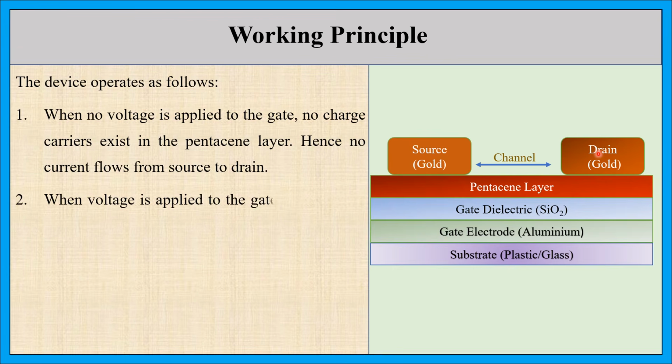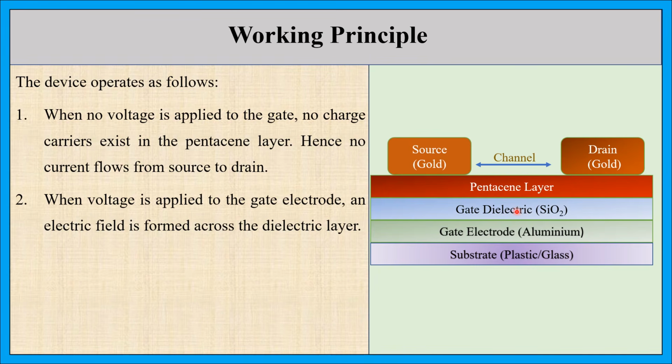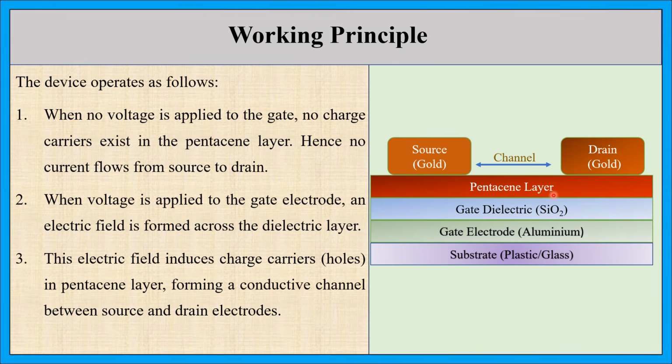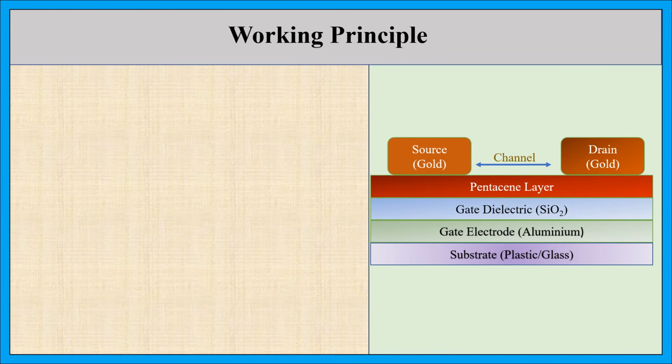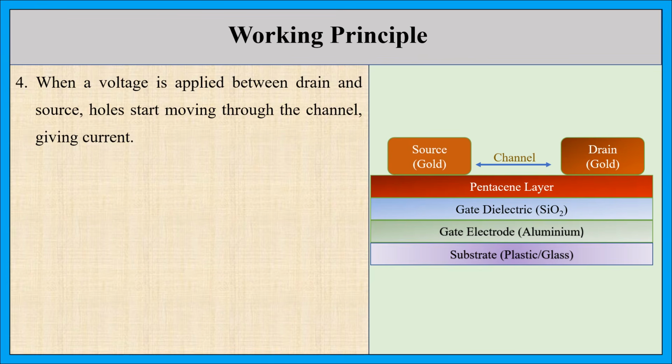So when the voltage is applied to the gate electrode, an electric field is formed across the dielectric layer. This electric field reaches the pentacene layer. This electric field creates the charge carriers, or the holes, in the pentacene layer, which creates the conductive channel between the source and the drain. The induced charge carriers start moving through the channel.